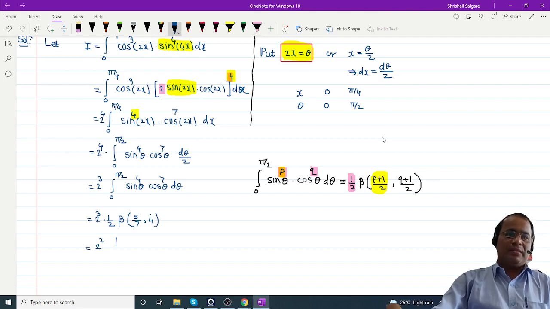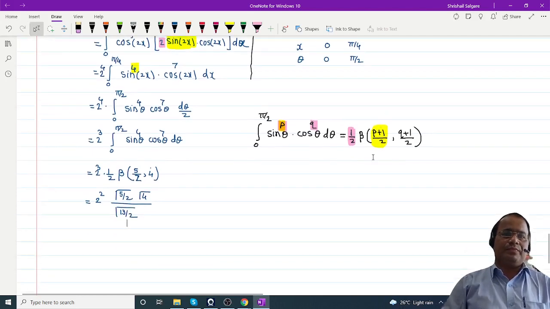This is 5 by 2, I wrote 7, sorry. So this is gamma of 5 by 2 into gamma of 4 divided by, what is the sum? 13 by 2. Yes.